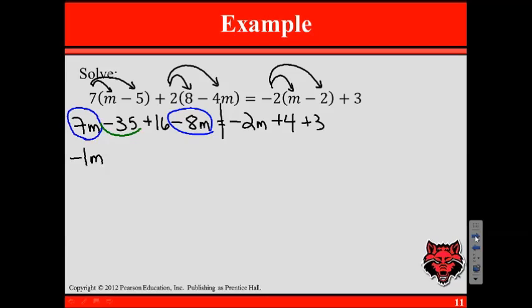We also have a negative 35 and a positive 16. We put those together to get negative 19. On the right side of the equation, we have a positive 4 and a positive 3. That will give us positive 7, so negative 2m plus 7.